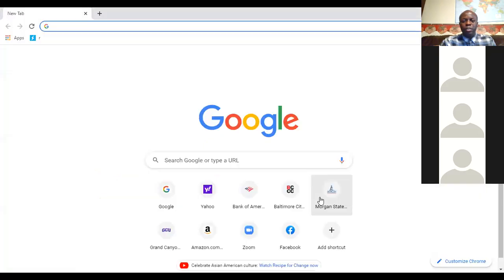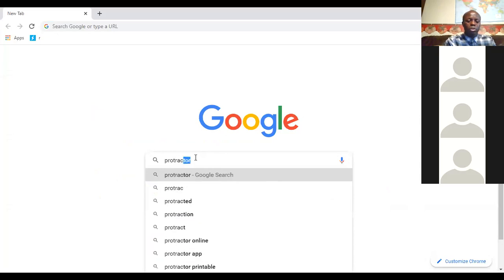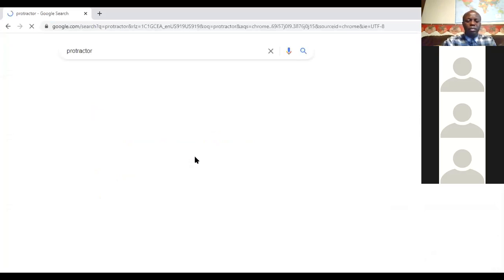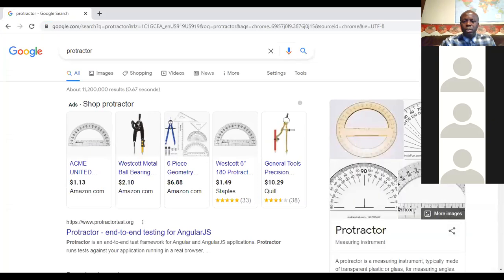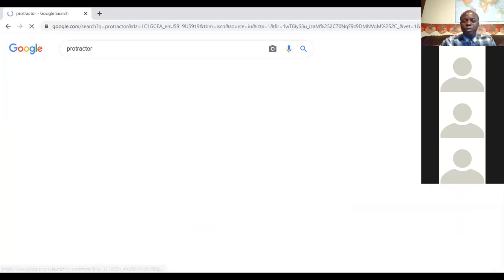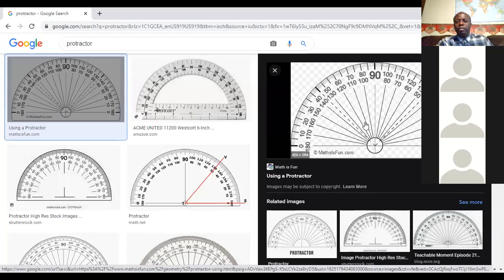I think I can pull it from Google, a protractor like we use in our trigonometry class. See, it looks like this. Is there anybody who hasn't seen this before? You know this, right? Yeah. So we use it to measure angles.